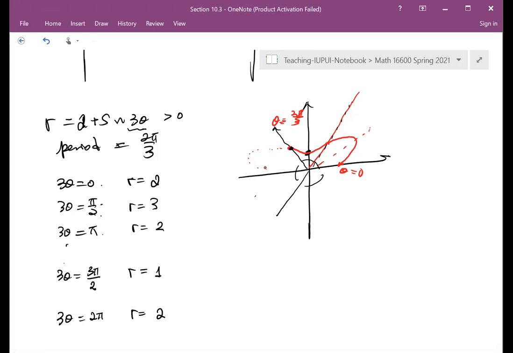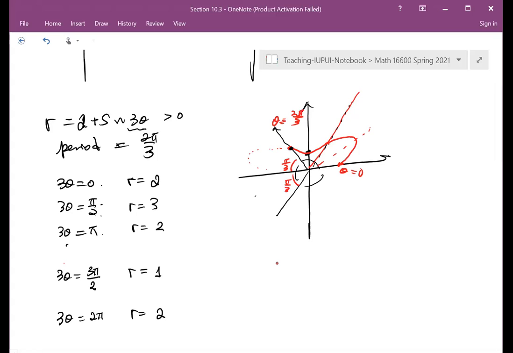So we have to figure out where it is. This is pi over 3, right? This will also be pi over 3. So that's why 2 pi over 3 is the whole angle.